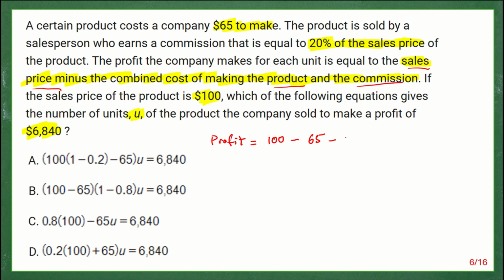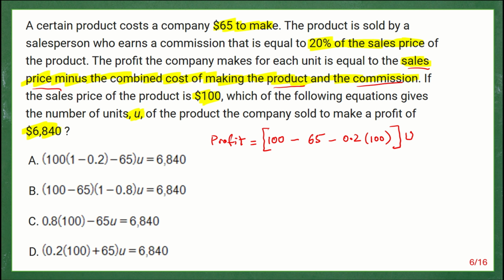So minus 20% of the sales price, that is $100 here. Okay, now this is the profit on one unit. Now since we are looking for u number of units, I just need to multiply this thing with the variable u, and this will give me the profit for u number of units.